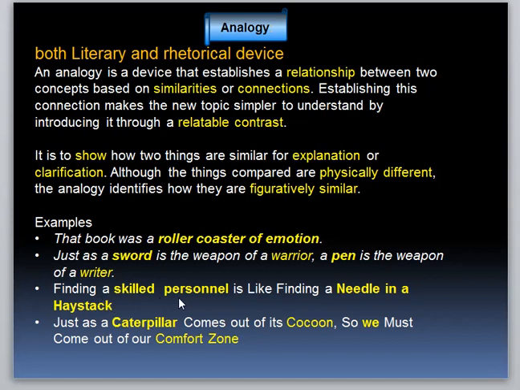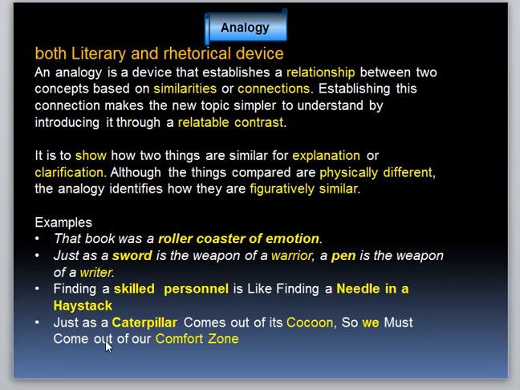See, a needle is a very tiny thing, and how will you find it in a haystack? It's impossible for us. So yes, it is that difficult a task. It is mentioned how difficult it is to find skilled personnel. So now here skilled personnel is compared to a needle in a haystack.